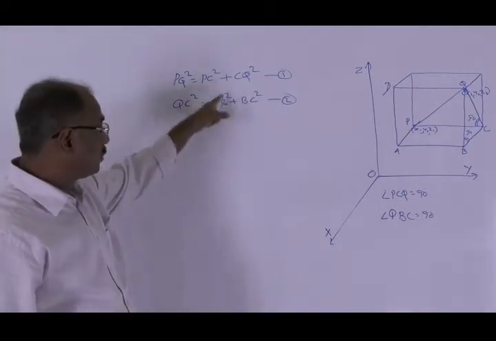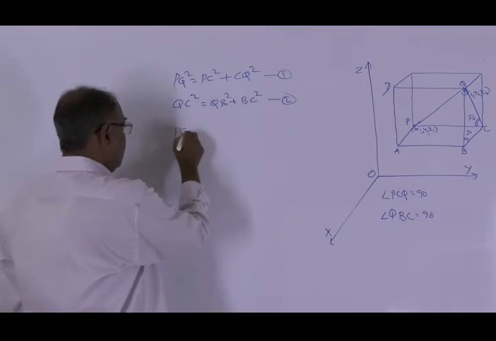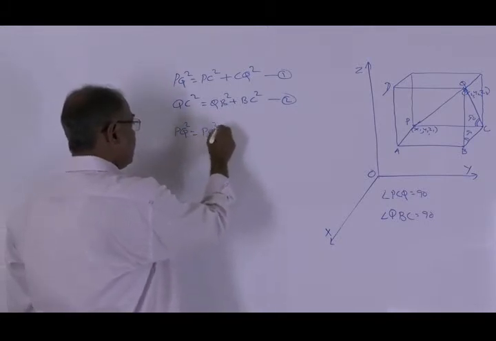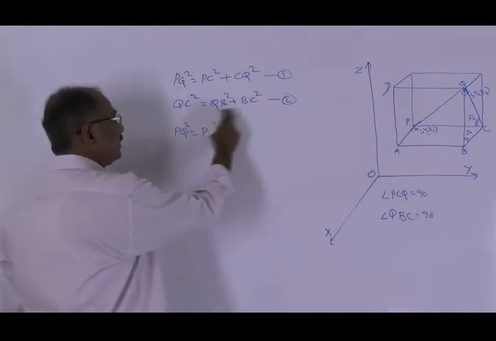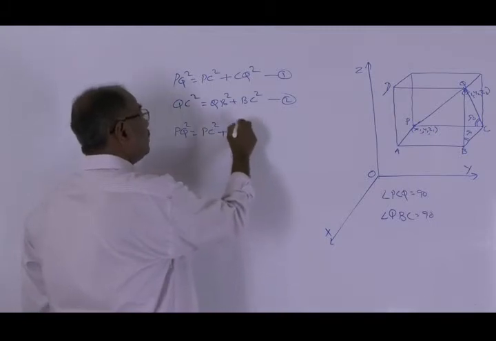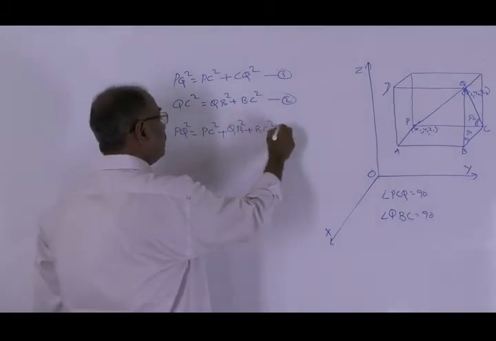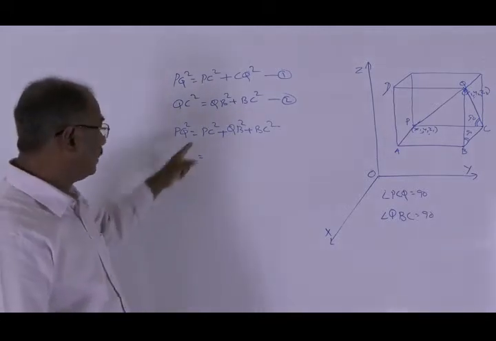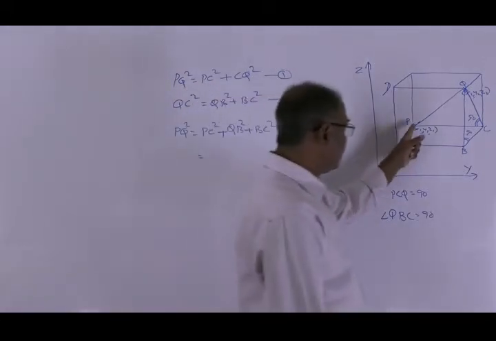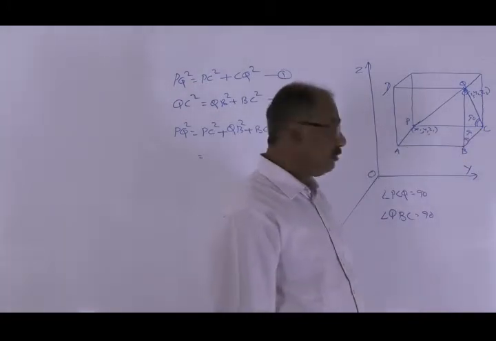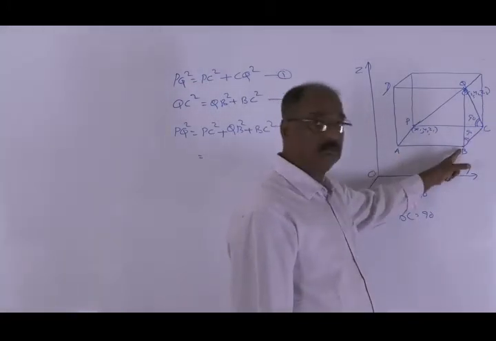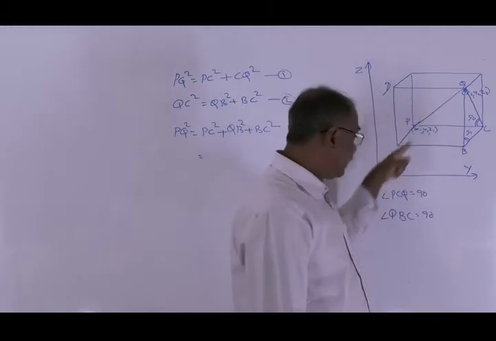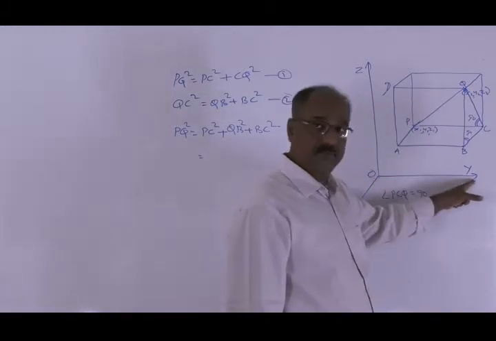Now using equations 1 and 2, we see that PQ squared is equal to PC squared plus QC squared, which is QB squared plus BC squared. And now consider this PC. This PC is parallel and equal to this AB, which is parallel to this y-axis.